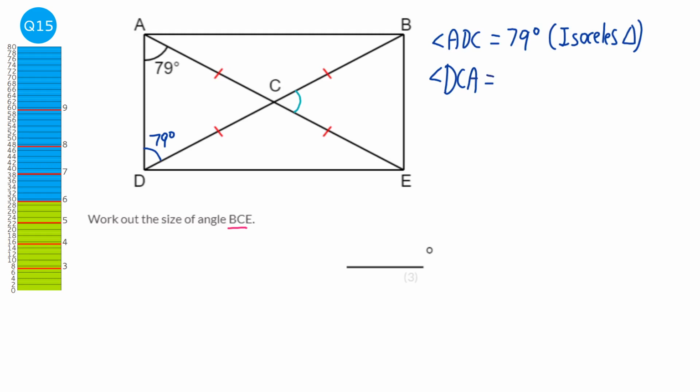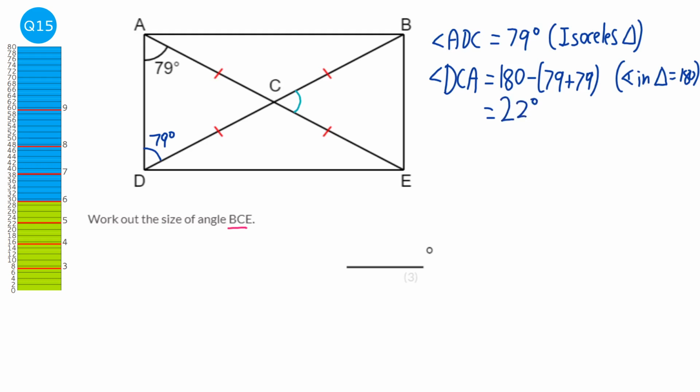And to work out what this angle is, we're going to take it away from 180. So we're going to do 180, take away the two 79s we've just worked out. And the reason for that is angles in a triangle equal 180 degrees. Okay, so when we do that, we do 180, take away the 158, and we're left with 22 degrees.